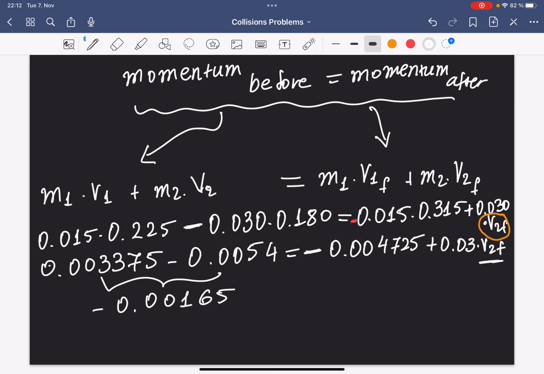Okay, now what I'm going to do is I'm going to bring this one to the other side, and instead of minus, it will end up with the plus, right? You can either say I'm adding this value on both sides, or you can say, you know that better than me, okay? I'm not going to teach you math this late on this video.